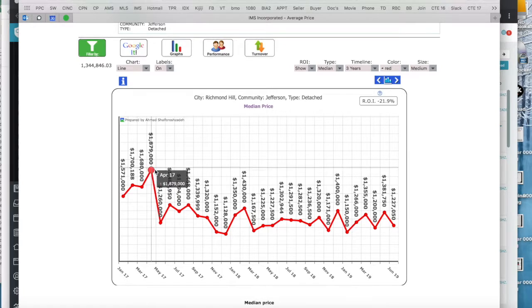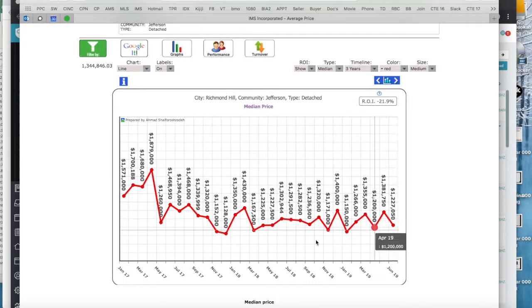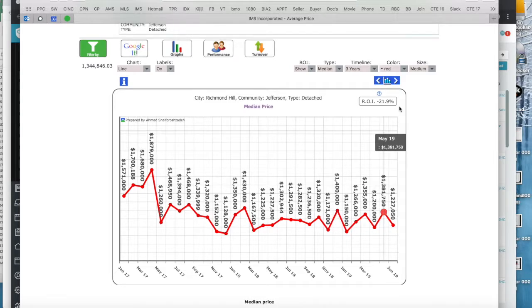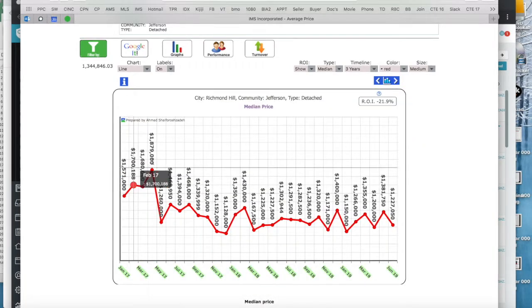So that's the highest the houses were trading at. Now we're around 1.2, where probably more realistic is 1.2 to 1.4. It's ranging, it's trading those types of houses. So it's come down about 21% just from this part. If you calculate it from here, probably a little bit more.